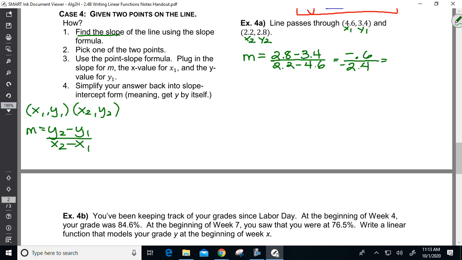So we divide those out. We have 0.25 or 1/4. If it starts out as a decimal, I don't care if you move it as a decimal. You can give it as a decimal or a fraction. Doesn't really make a difference.